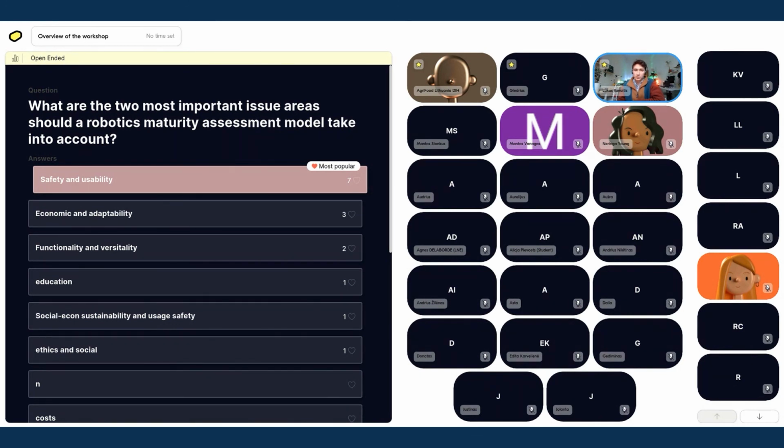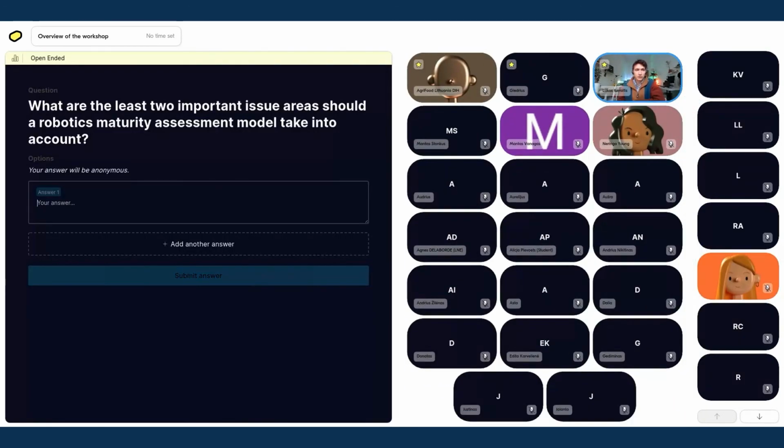Great. One last question that we have. Let me just scroll down and catch it. The question is from the other side. What are the two least important issue areas a robotics maturity assessment model should take into account? We asked about the most important, now what are the least important issues?